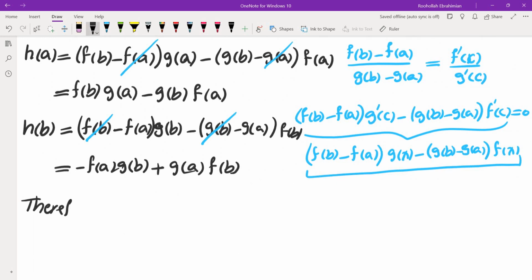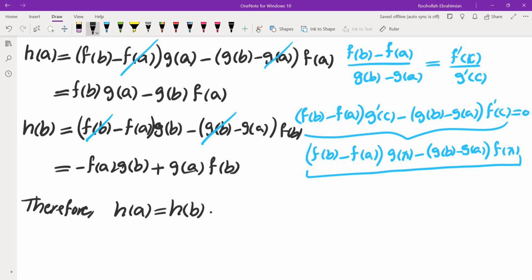Therefore, h(a) is in fact equal to h(b). Both of them are f(b)g(a) minus g(b)f(a). They are written just in a little bit of a different format.